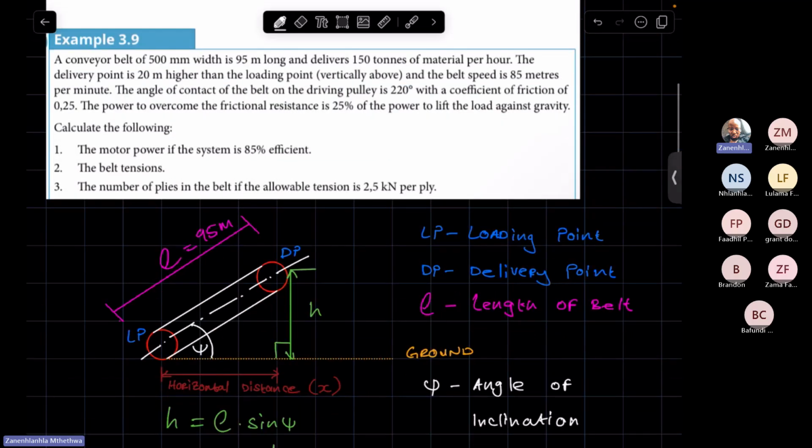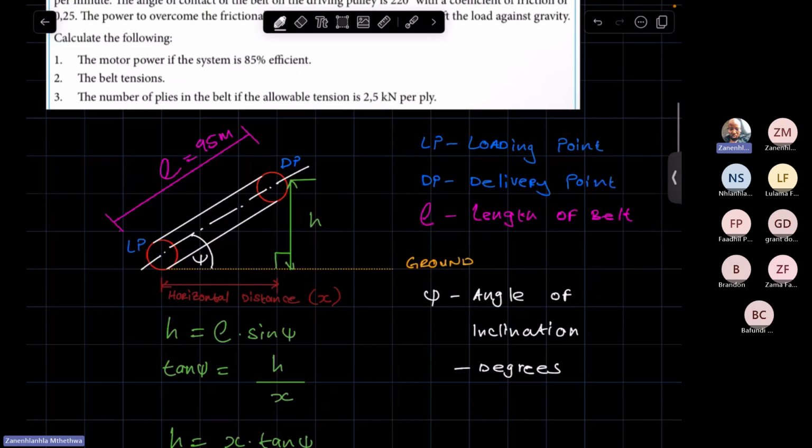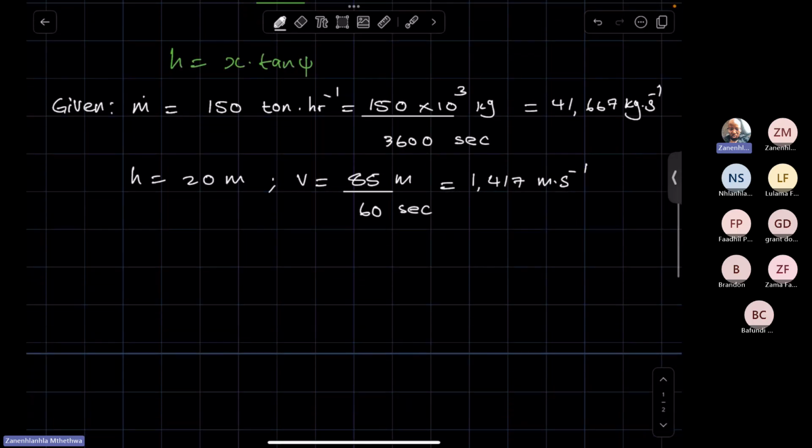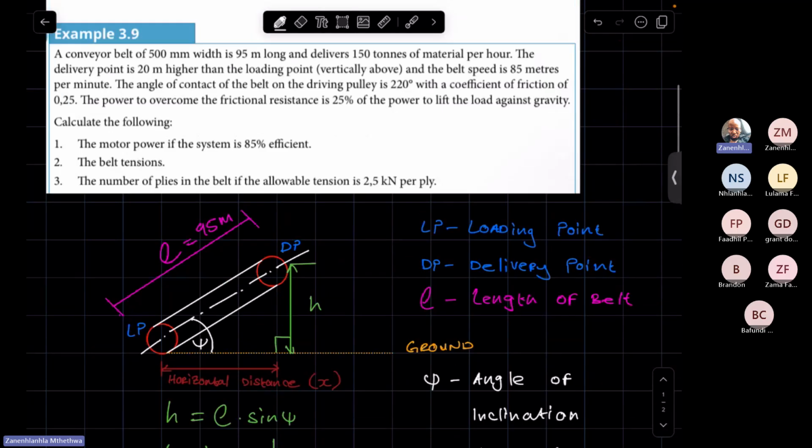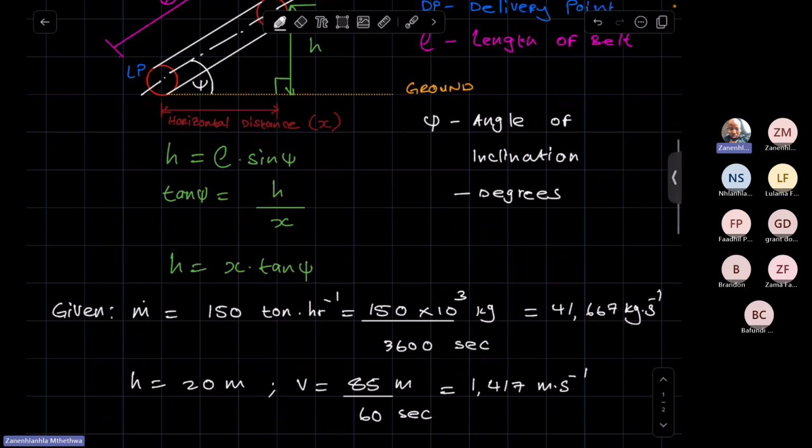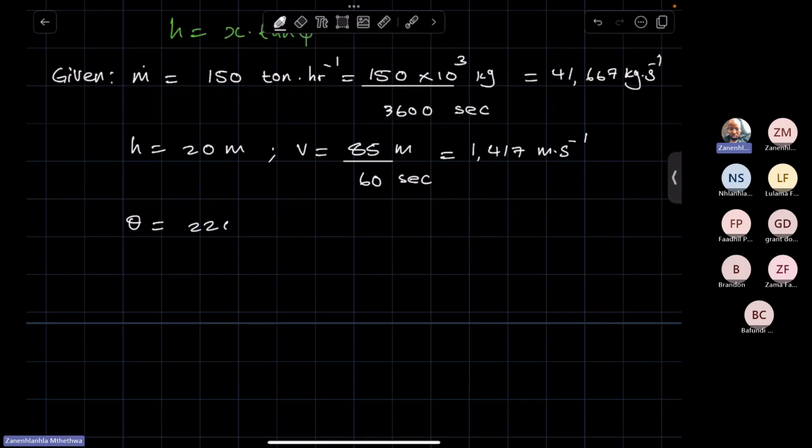So they've given us the angle of contact of the belt on the driving pulley is 220. So the angle of contact, as you know by now, angle of contact, theta. The angle of contact has to be in radians. So since they gave us in degrees, you simply take the 220 degrees and divide that by 57.3. So 220 divided by the 57.3.